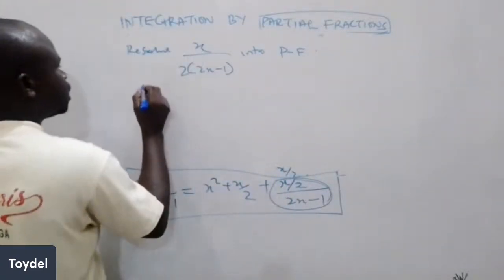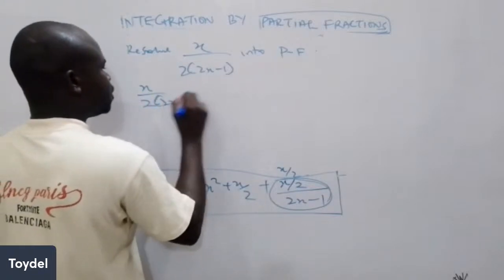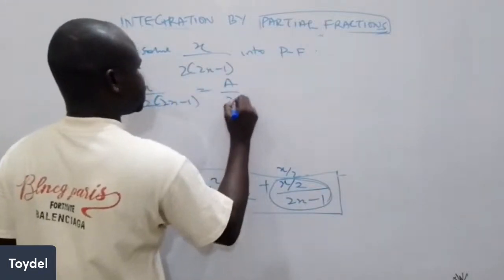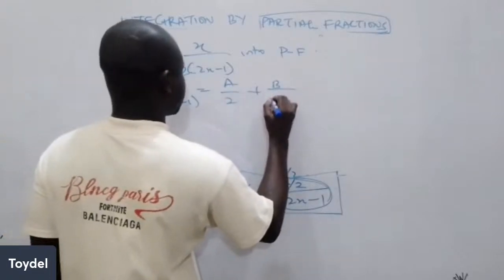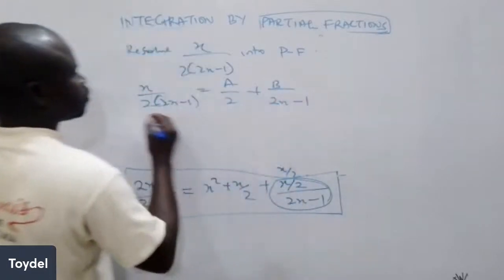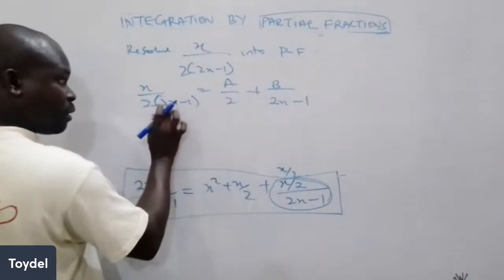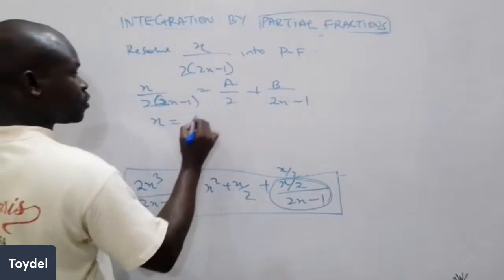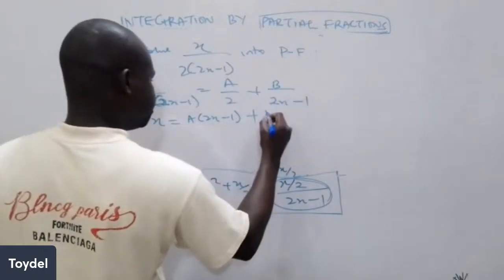You just say x all over 2 into 2x minus 1 can be equal to A over 2, the first one, plus B all over the second factor, 2x minus 1. So if I multiply through, I'm going to have x equal to A into bracket 2x minus 1 plus Bx.